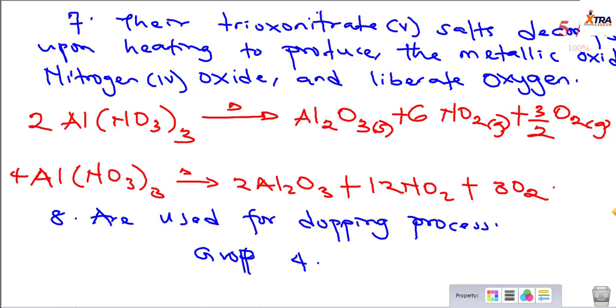So because group 3 elements have 3 valence electrons, they can be used to dope tetravalent semiconductors. Of course, group 3 elements have 3 valence electrons, which means they are trivalent, right? Tetravalent means they have 4 outermost electrons.